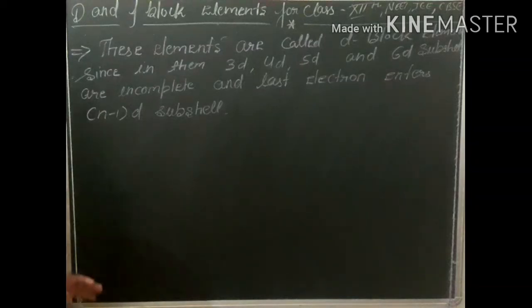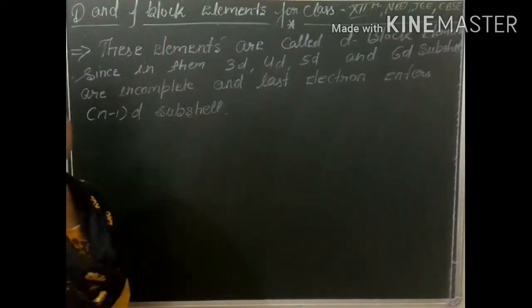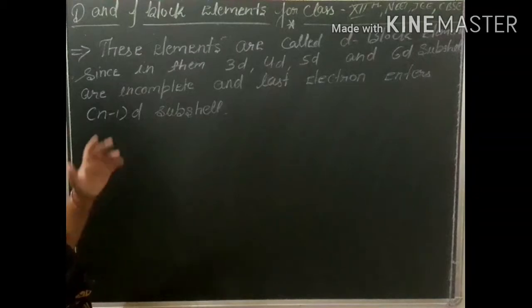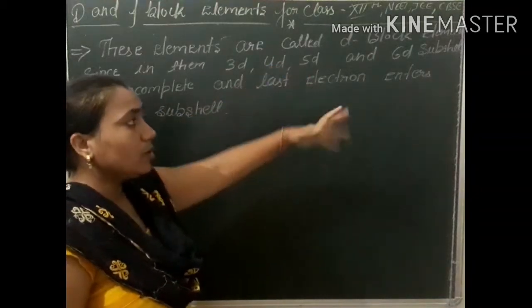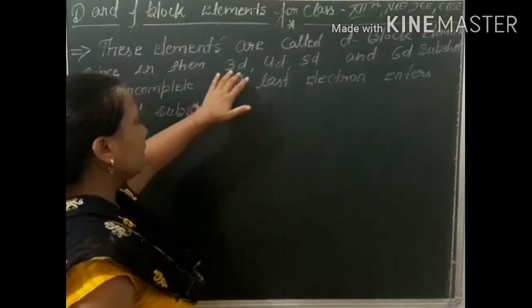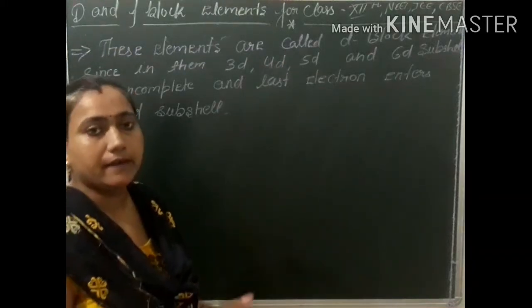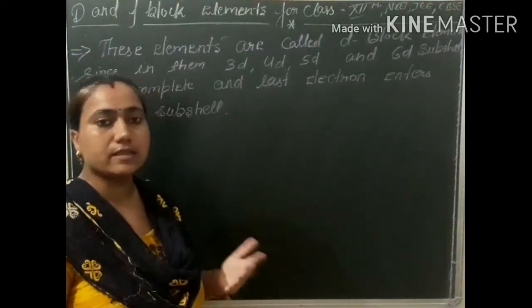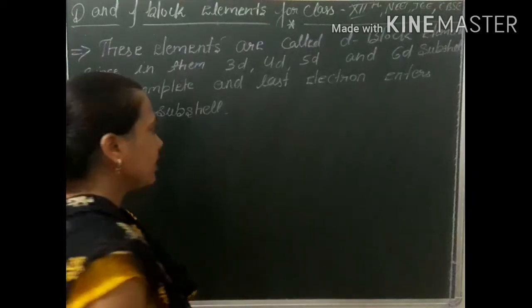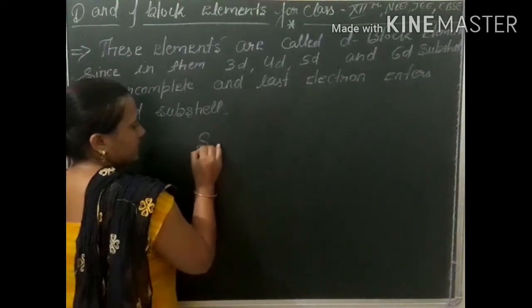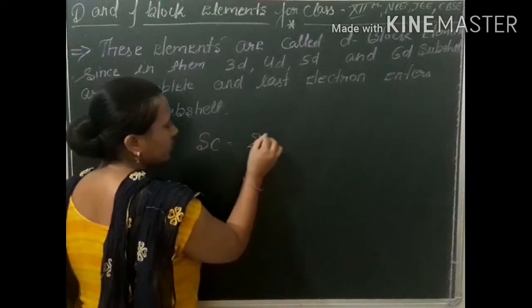So the transition element is also known as D block element, and these elements are called D block elements because the 3d, 4d, 5d and 6d subshells are incomplete and the last electrons enter the n-1 d subshell. For example, for scandium the atomic number is 21.